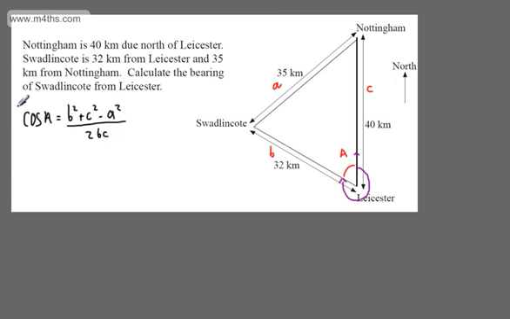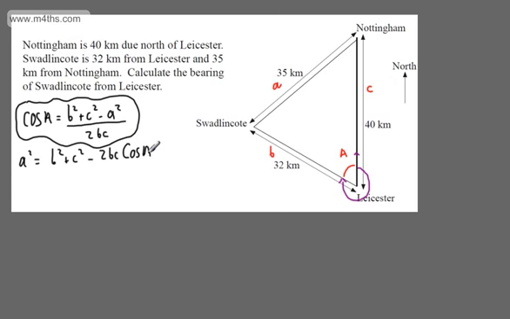In the formula book, you're not generally given this one. You might be, but it's more likely that you'll be given A squared is equal to B squared plus C squared minus 2BC cos A. If you are, you can rearrange it to give that. I prefer it in this form. It's just easier for me to work with.